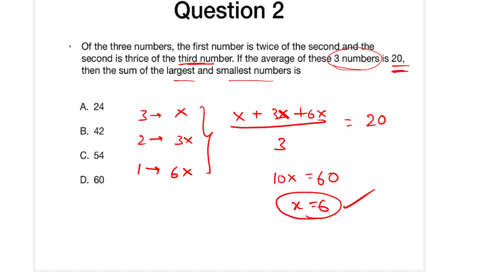Okay, so we got x as 6. So what did they ask? They asked the sum of the greatest and the smallest number. So we all know the greatest number is 6x and the smallest number is x. So 6x plus x gives 6 into 6 plus 6, 36 plus 6, it's going to be 42.